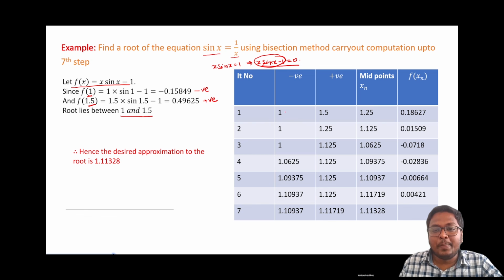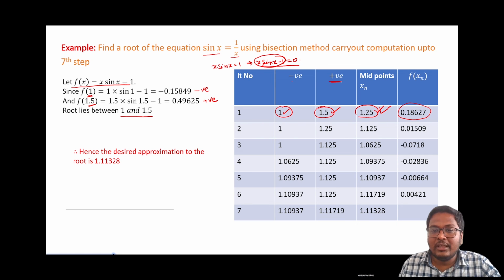So here you can see for the negative position, I have written 1. For the positive position, 1.5. Now I have taken the midpoint of 1 and 1.5. That is, add these 2 numbers and divide by 2. So I will get this. Now whatever I am getting, that is a positive value. So this value will be updated in the positive position.